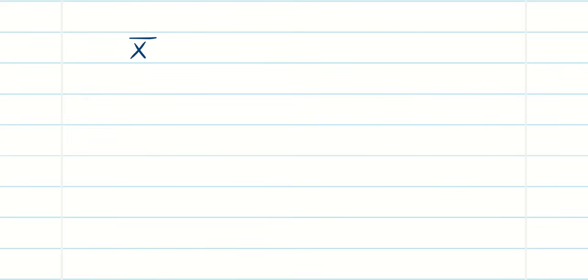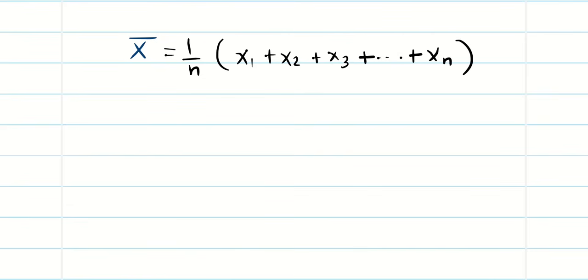If I consider x bar is equal to 1 by n times x1 plus x2 plus x3 etc. plus xn, so here instead of summation we are taking the average x bar.